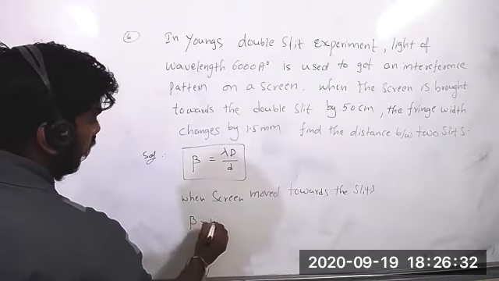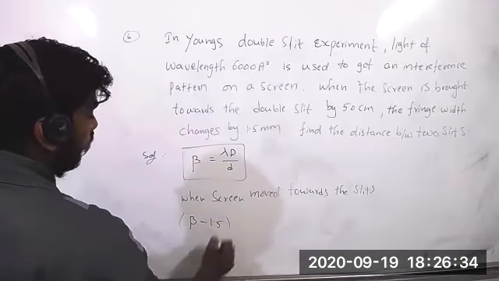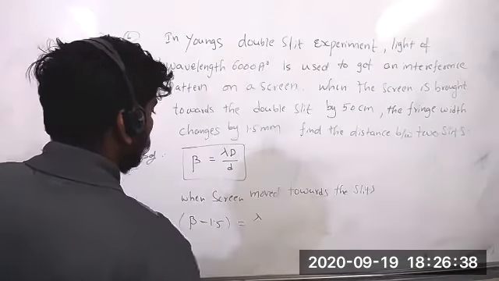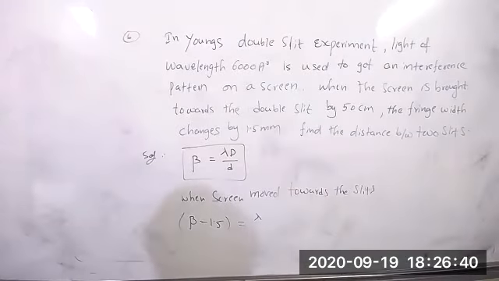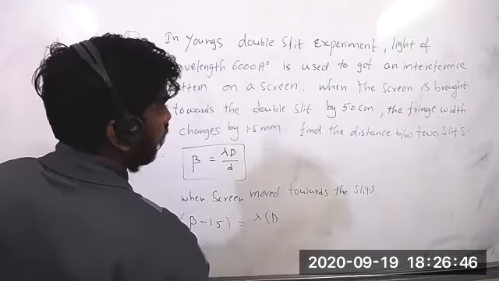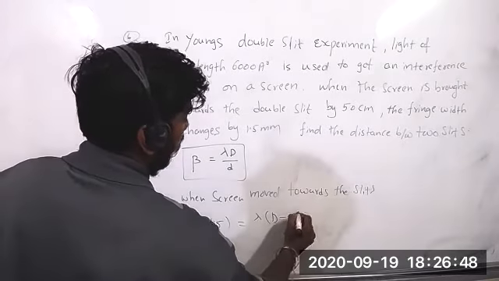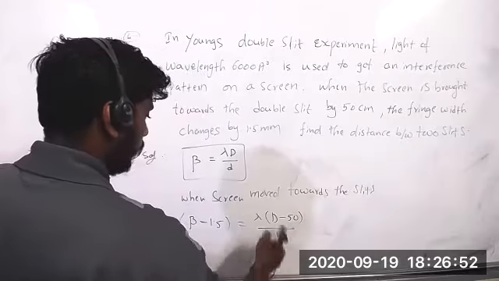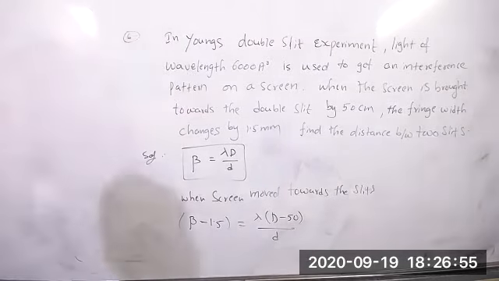Beta minus 1.5 is the changed fringe width, equal to lambda times capital D minus 50 by small d. This is what they are asking, but these are the things changing.